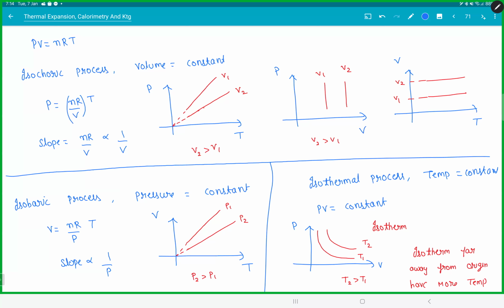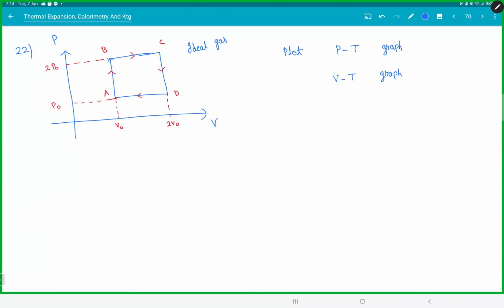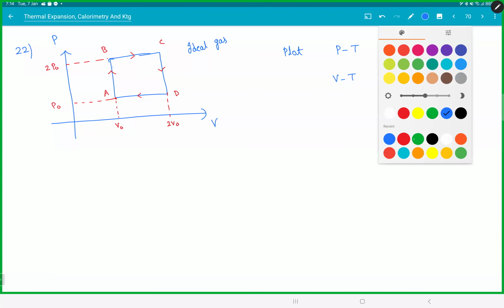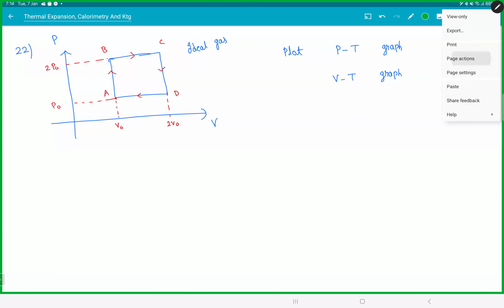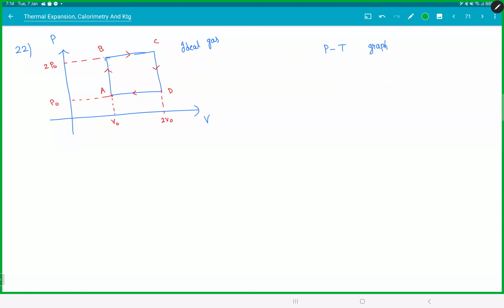Any doubts on this page? Clear? You should know how a constant volume will look like, how a constant pressure will look like, how a constant temperature will look like. All clear? Now can you try PT graph? I'll give you a minute, then I'll show you. Now, just to give an idea here, look at this thing. So in a PT graph, what is this BC?